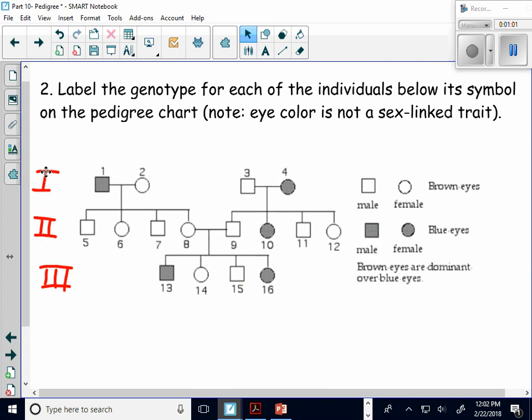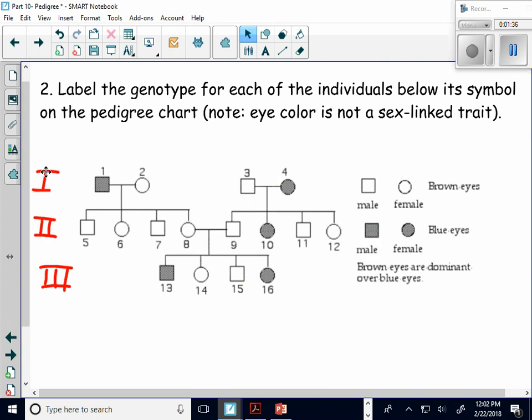So if you look, numbers 1 and 2, we said a square is a male, correct? A circle is a female. So right here, 1 and 2 are mom and dad of how many kids? They have 4 kids, numbers 5 through 8, right? Of those 4 kids, how many are boys? 2 boys, 2 girls.